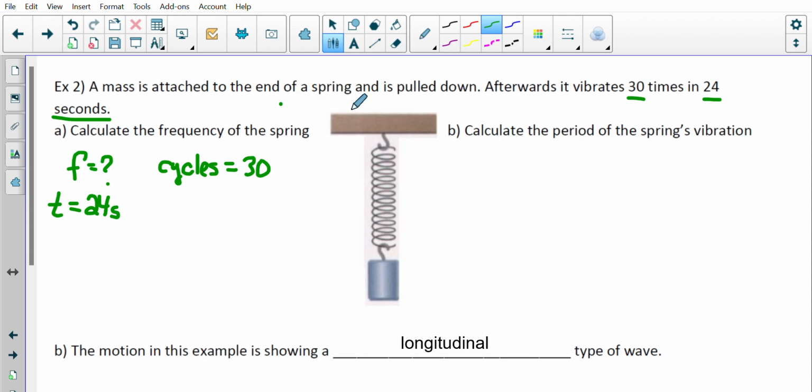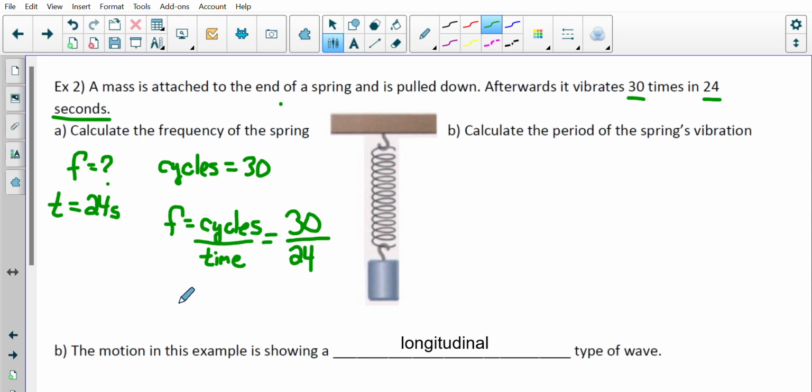All right, so one of the formulas we looked at is that the frequency is equal to the number of cycles you can perform in 1 second, or cycles per time. Now in this case, again, we're going up and down 30 times. That's what it means by vibrating 30 times in 24 seconds.